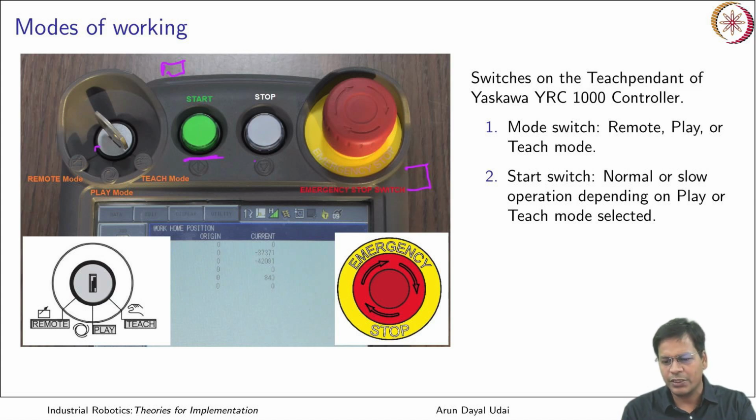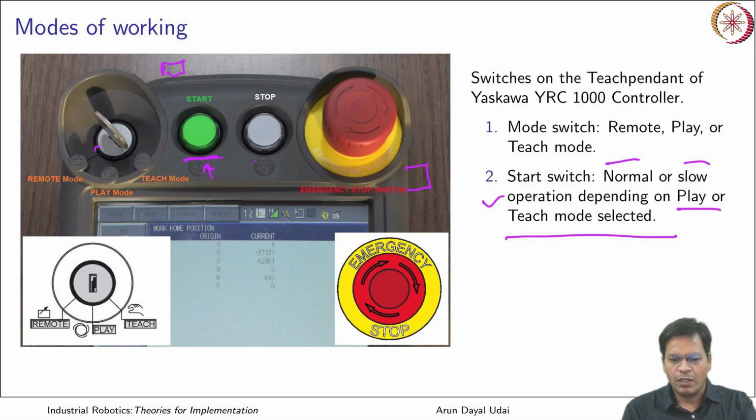So, start switch: normal or slow operation depending on whether play or teach mode is selected. If you press this button and the robot is in teach mode, the robot goes very slow to confirm whether the program is correct or not.